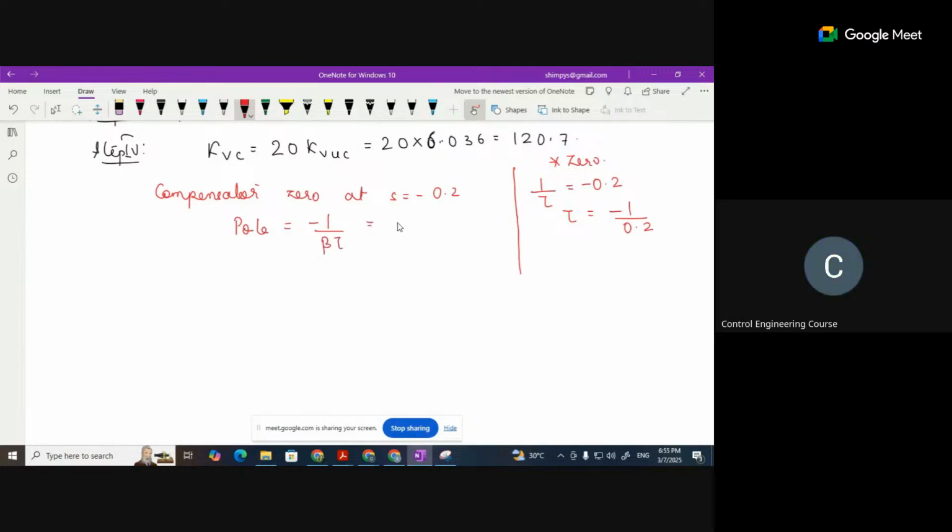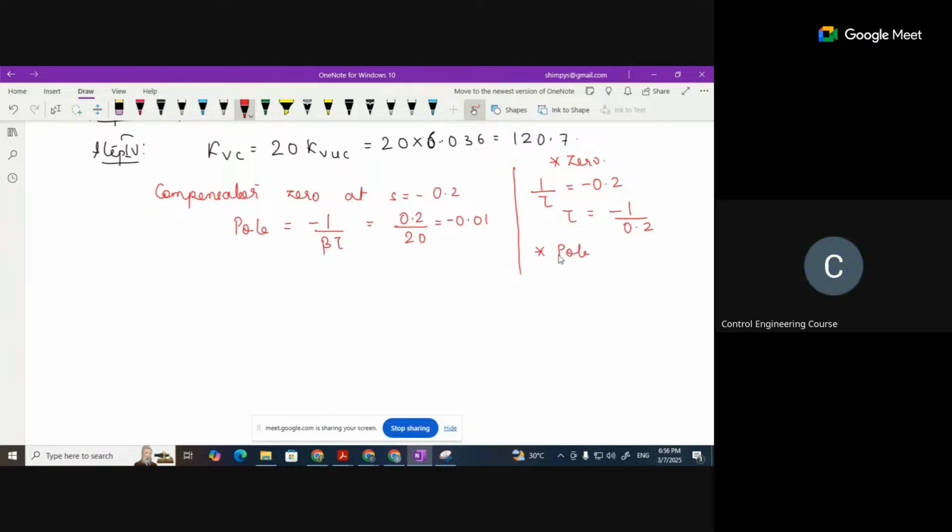So minus 1 by tau I can write as 0.2, and the value of beta is given as 20. So how much will it come out to be? 0.01, obviously with a negative sign. Clear?